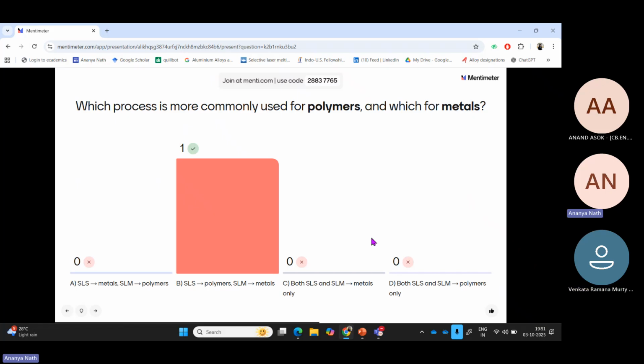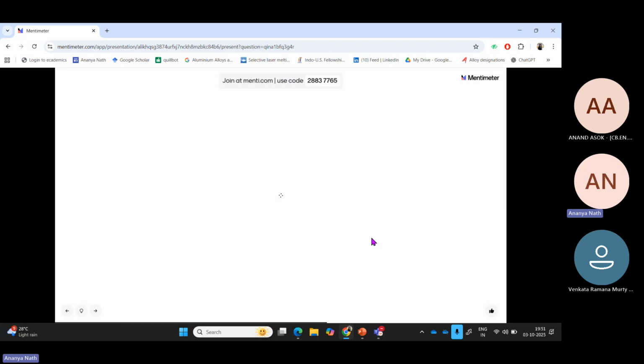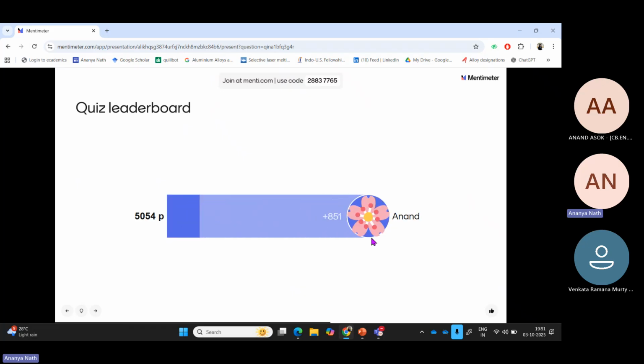So DED can work with powder and wire both, but powder bed fusion, as its name suggests, can only work with powders, not with wires, because you have to spread the material. You cannot spread the wire. But DED cannot work with polymer, but PBF can work with polymer as well.